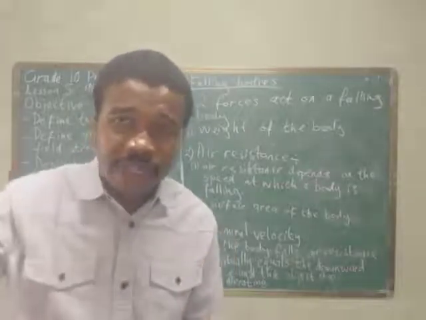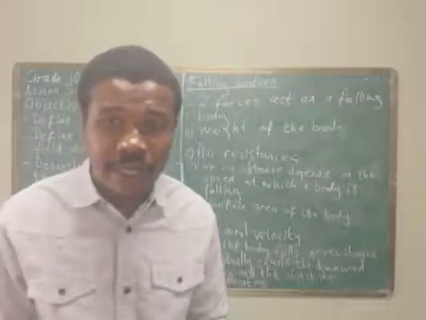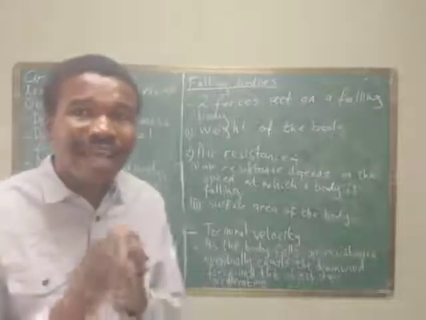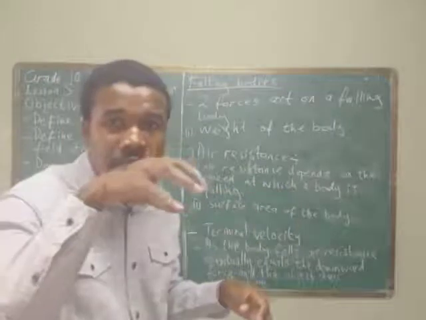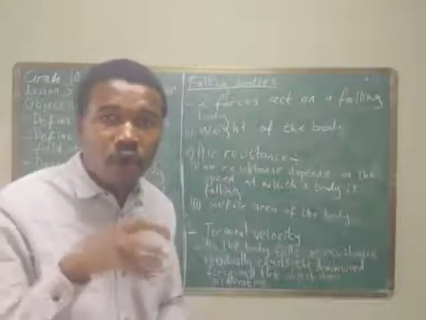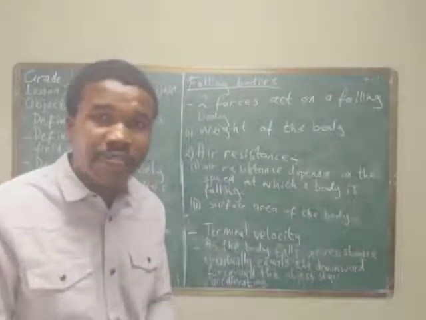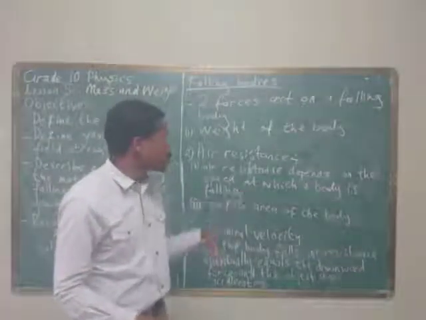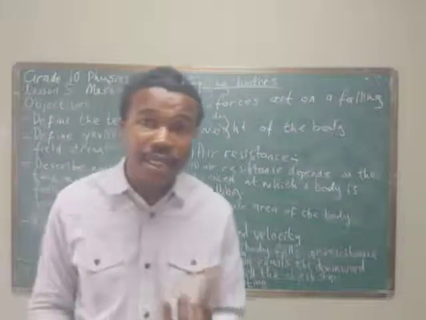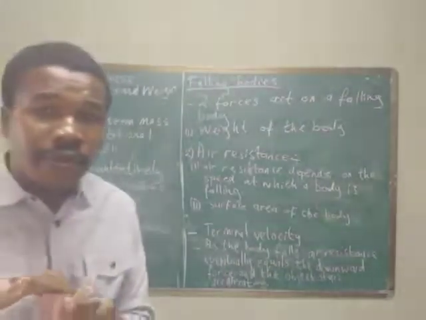But we know that space is not a vacuum. If you're falling from the sky and you're falling downwards, there are a lot of particles there. So there is something that we call air resistance, which resists the object falling down. The motion of the object as it is falling down is resisted by the air resistance. This air resistance depends on the speed at which the body is moving.